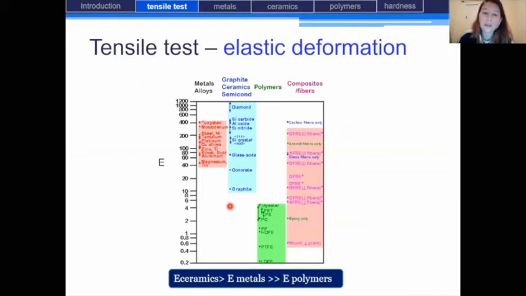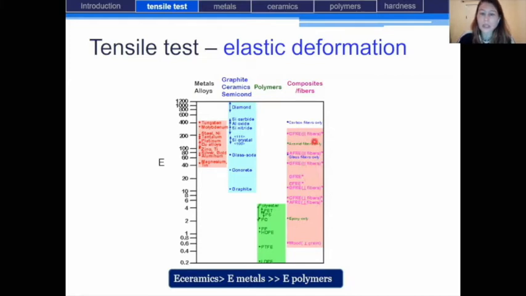And so in the literature, you will find graphs that represent the value of the elastic modulus for different classes of materials. And so you can see that for metals or ceramics, you will have values of elastic modulus that are higher than for polymers. And if we prepare a composite using fibers, we are able to change the value of the elastic modulus of a material a little bit.